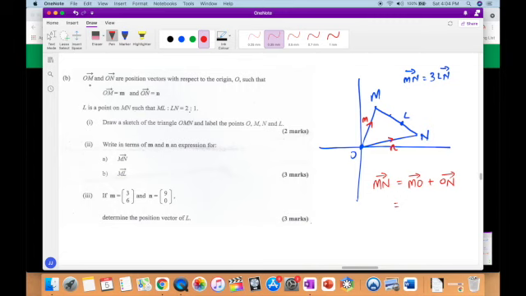M to O, well, OM is small m. So M to O will be minus small m, right? Plus ON, which is n. So therefore, you should use your commutative law to put it n minus m as the answer here.